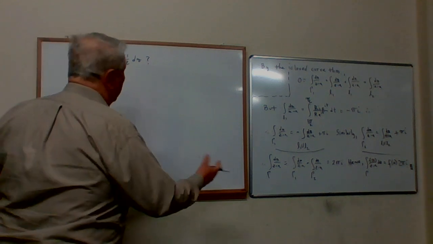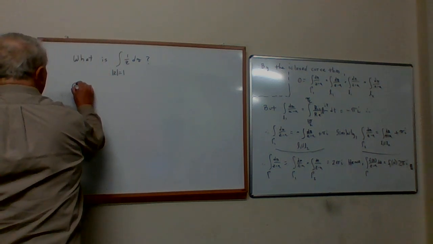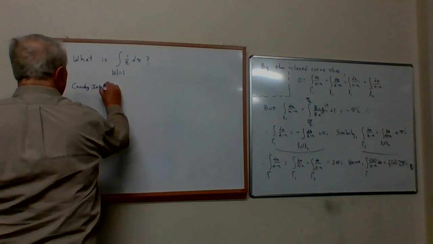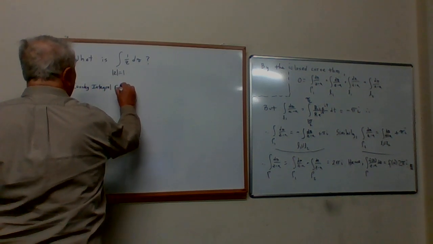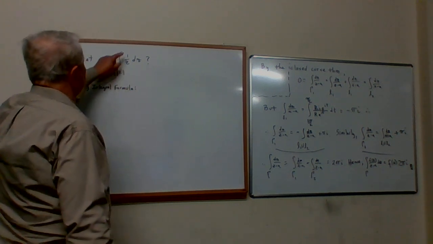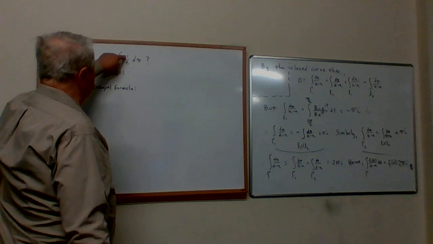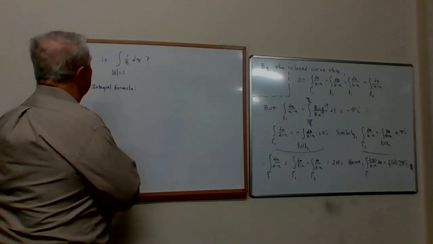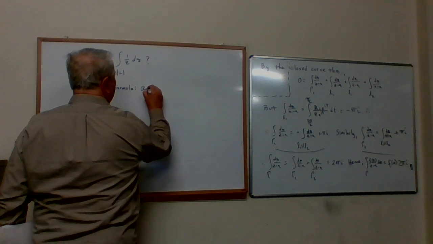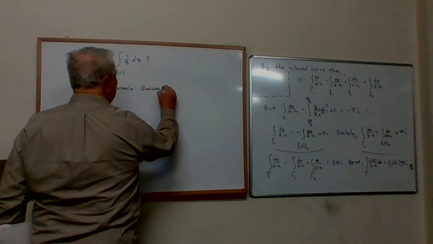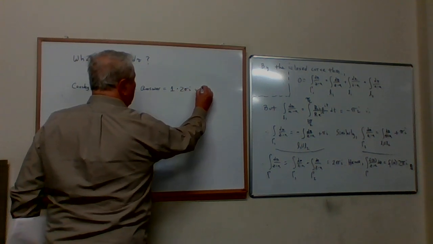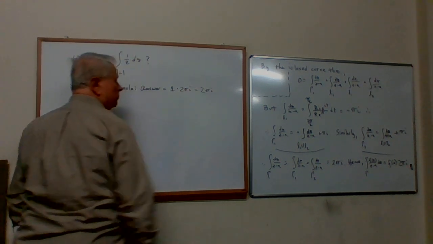Well, by Cauchy's integral formula, it's the function value of the numerator, which is 1, times 2 pi i. Pretty simple answer.